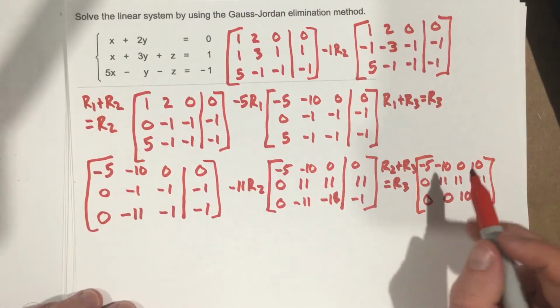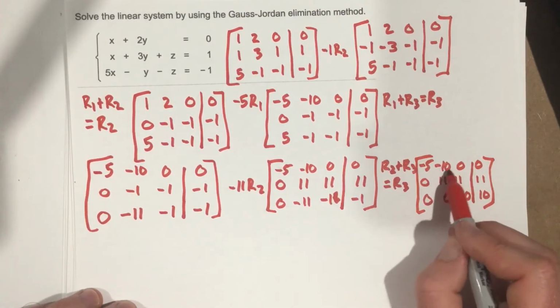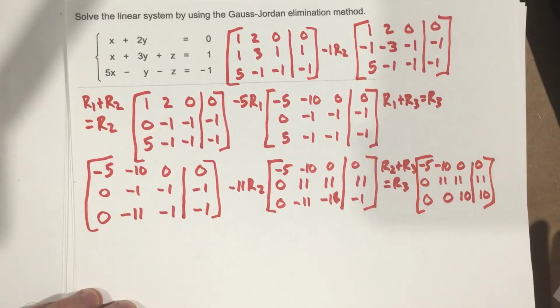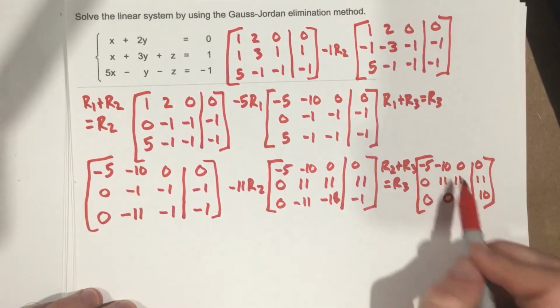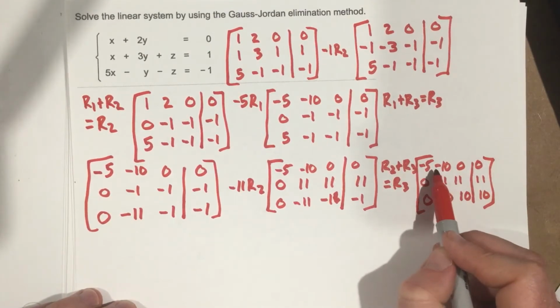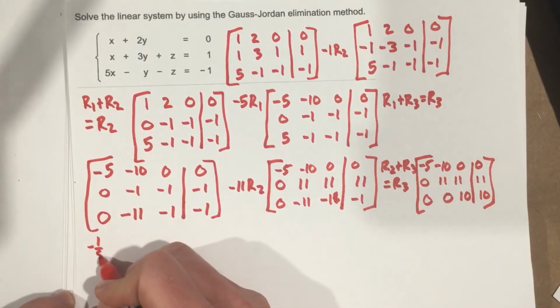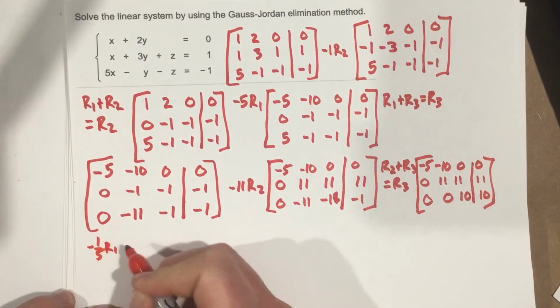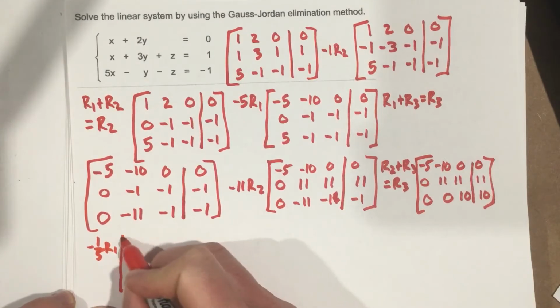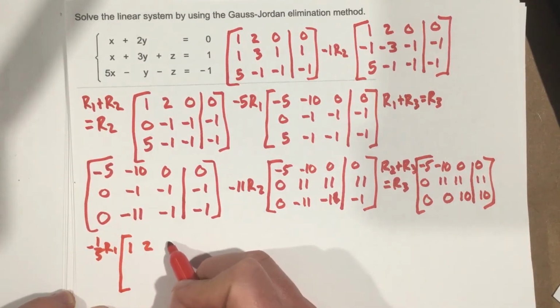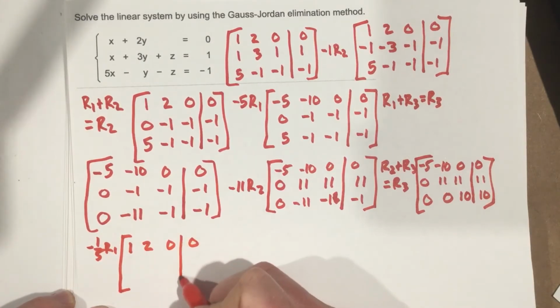Now we're going to get this negative 10 up here. We want this negative 10 to essentially be 0. We want this to be 0 and this one to be 0. Before we do that, let's just reduce this down by taking negative 1/5 times row 1. So that's going to be 1, 2, 0, 0.